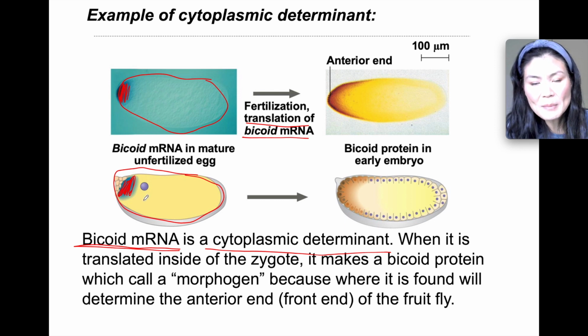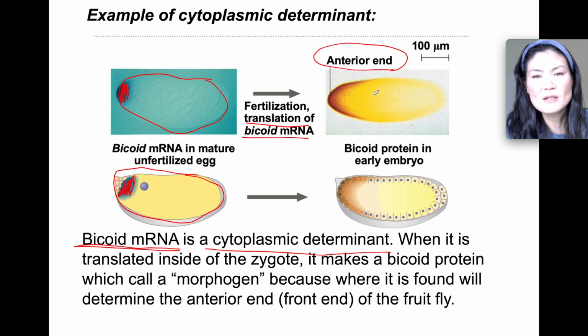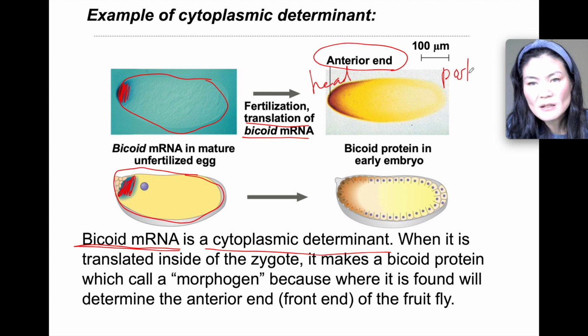And once that happens, this is going to determine the anterior end of that organism. Okay, so the anterior end of like the fruit fly. So what we're talking about is the fruit fly here. So anterior means the head, and then posterior means the end, basically where the butt is. Okay, so the head is on this side, posterior is on this side.